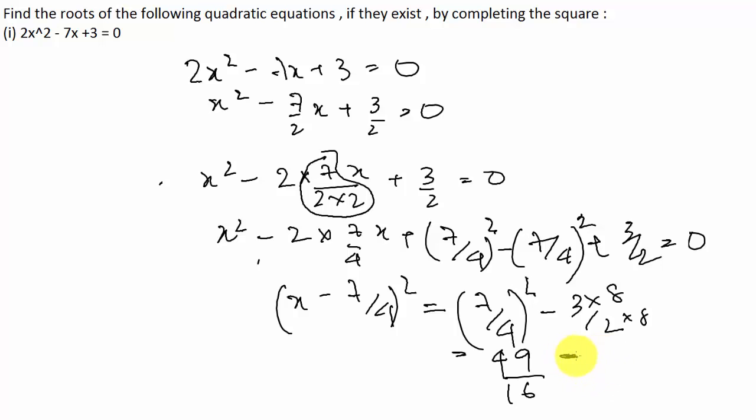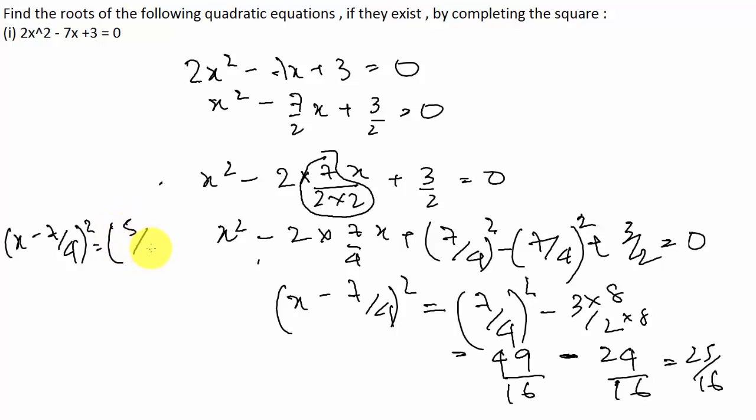So you're gonna get minus 24 divided by 16. You're gonna get 25 divided by 16. Now it's all gonna be easy. So we just got x minus 7 by 4 whole square is equal to 5 by 4 the whole square.